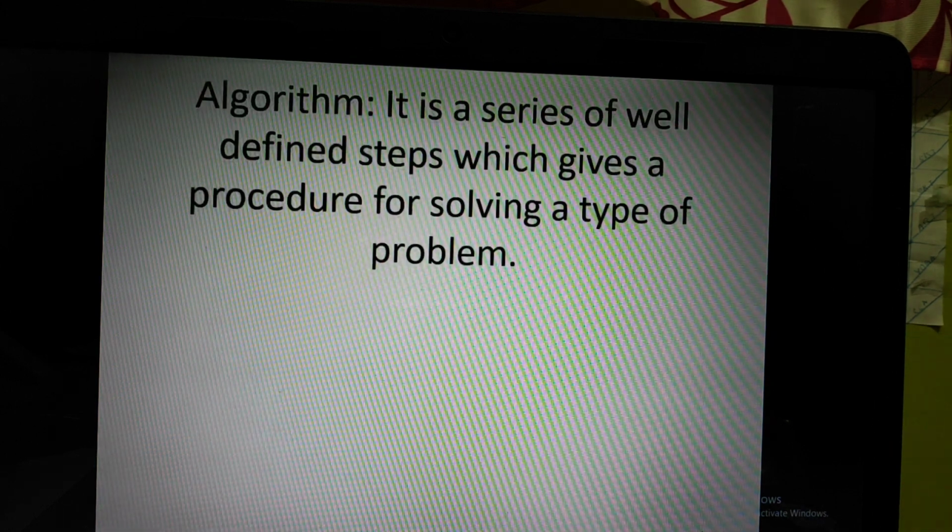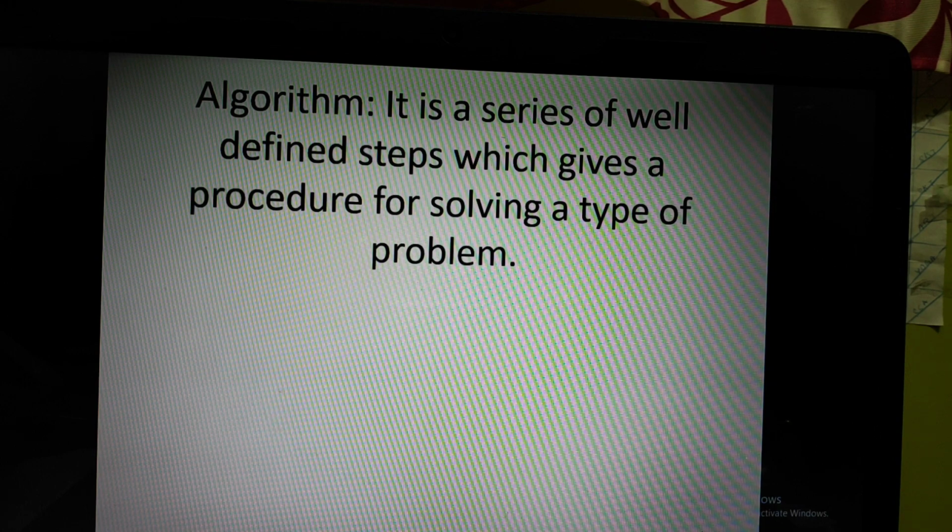Next, what is an algorithm? An algorithm is a series of well-defined steps which gives a procedure for solving a type of problem. Whenever we solve a problem, it must be solved under some well-defined steps. This step-by-step procedure for solving a problem is known as an algorithm.